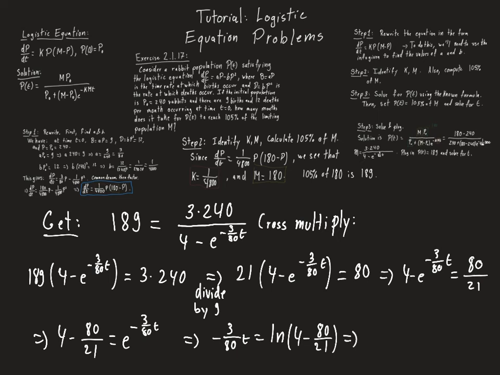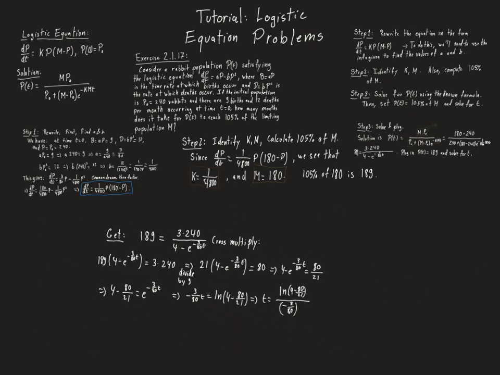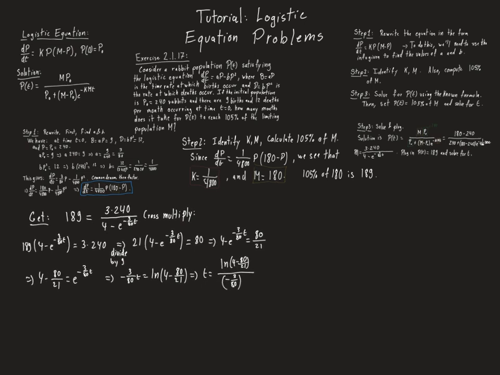And finally, this gives us that t is equal to natural log of 4 minus 80 over 21 divided by negative 3 over 80. Alright, now at this point we are basically done. But I still have a couple comments I want to make.